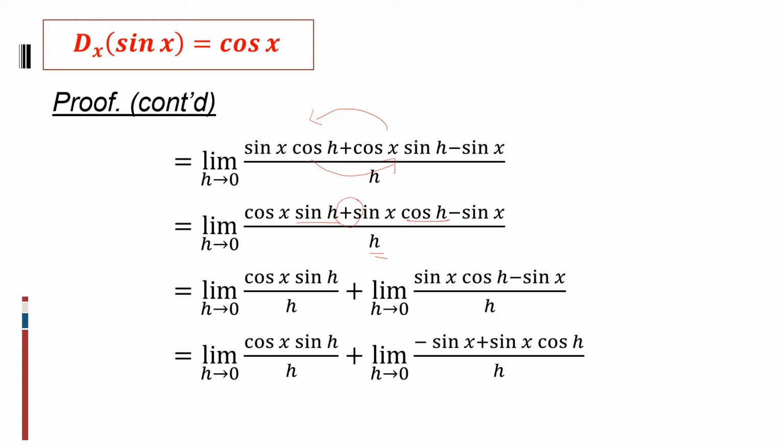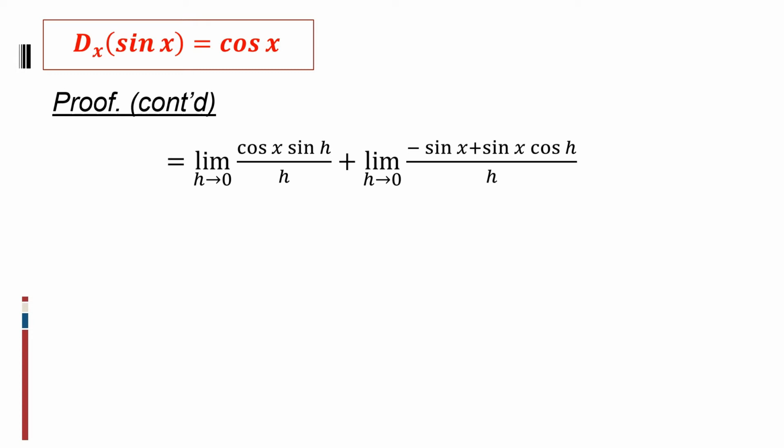Ngayon dito naman, lipat ko lang ito at saka ito. Okay? So, we have negative sine x plus sine x cosine h over h. Bakit ko yun ginawa? Kasi pwede kong ilabas mamaya si negative sine x.